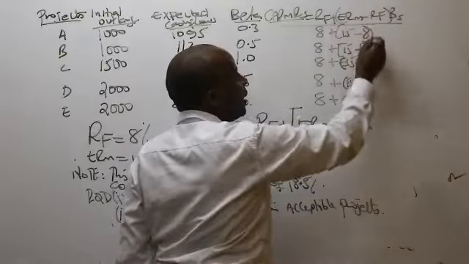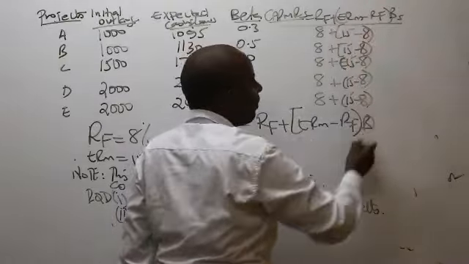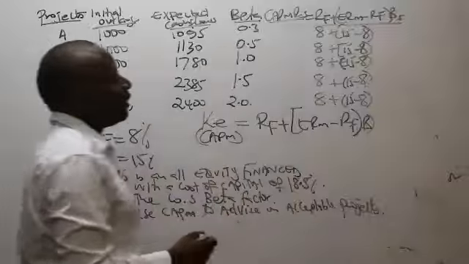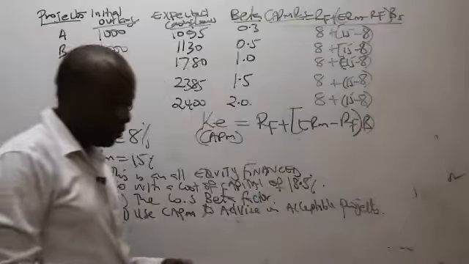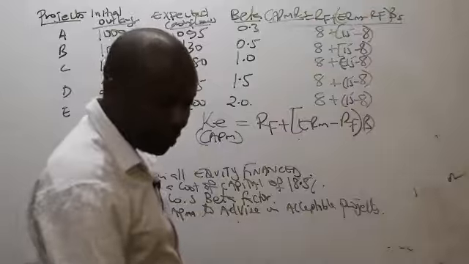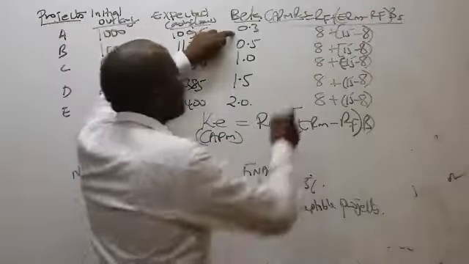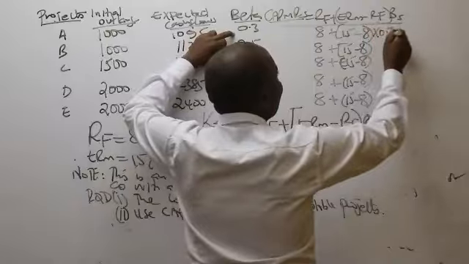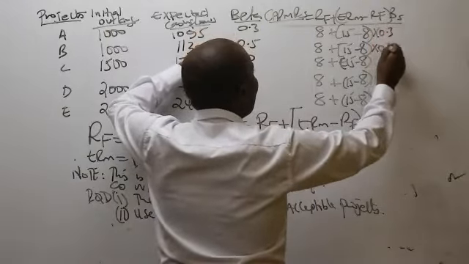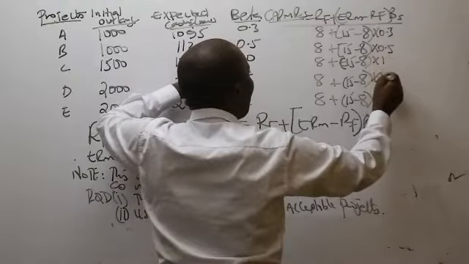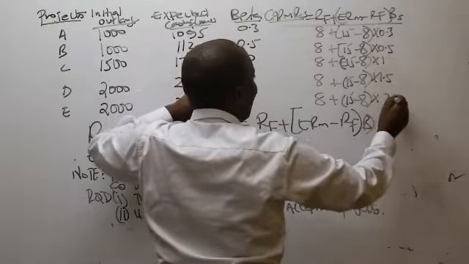And then outside here I'll put the beta factors. Fortunately, they have given us the beta factors. So beta factors here are 0.3, 0.5, 1, 1.5, 2 like that.